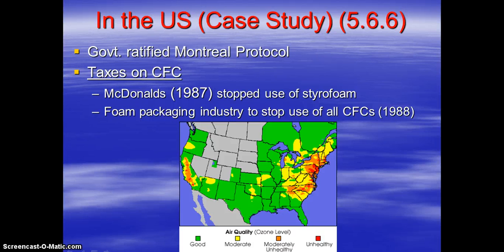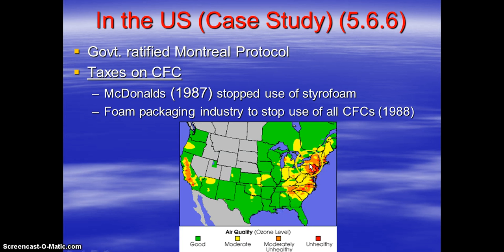The government was one of the countries that ratified the Montreal Protocol, and how we really worked towards that is we had taxes on CFCs, and that caused, 2 years after the Montreal Protocol, companies like McDonald's to stop using styrofoam altogether, and eventually the foam packing industry had to stop using CFC products too a couple years after that.